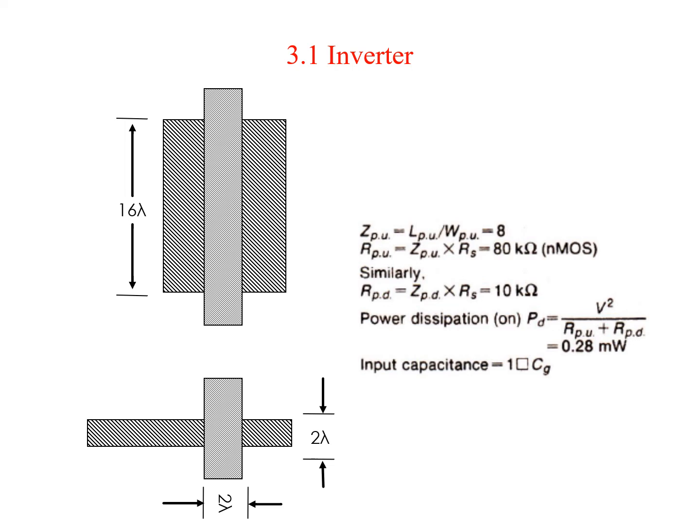The main thing to understand here is that if the ratios are different, then naturally the power dissipations will be different. But our motive in designing the circuit is to use the ratios judiciously, the technically correct ratio, so that the power dissipation of that circuit is as low as possible.